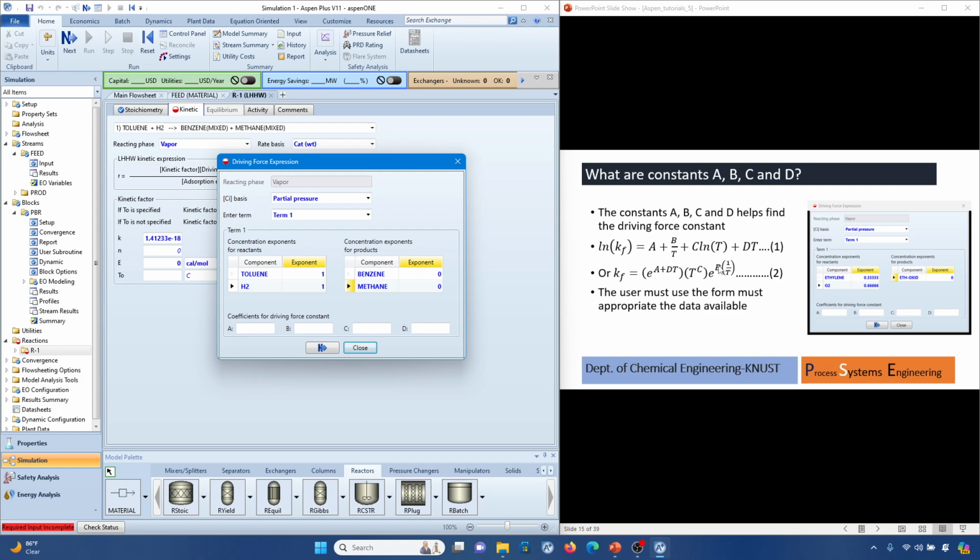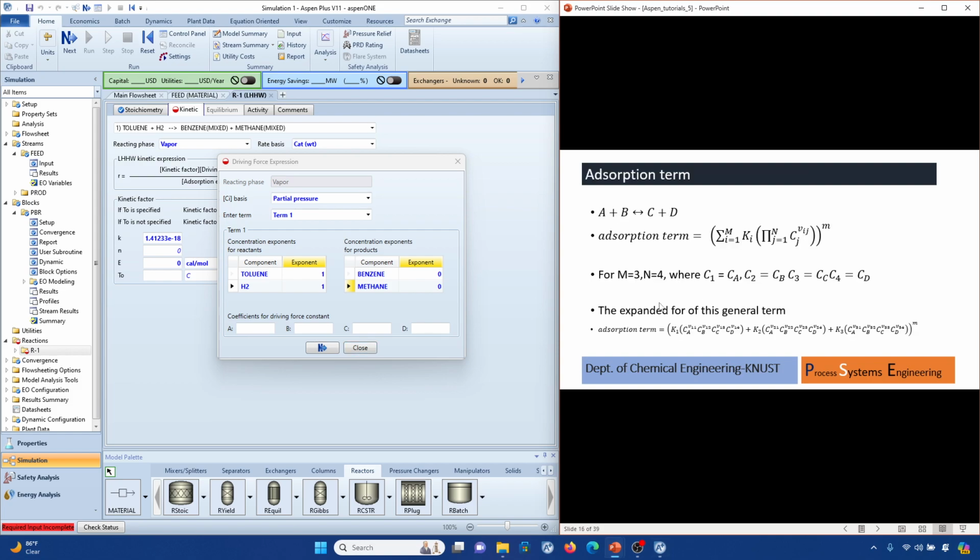And by specifying B, I could have the activation energy over the molar gas constant term. In a case where it's a constant, I could eliminate this again by specifying C as 0. Do the same for B as 0 because there's no temperature dependence, it's a constant value. Then I could also indicate D as 0 and just manipulate the value of A such that it gives me whatever value of k I wish to specify.